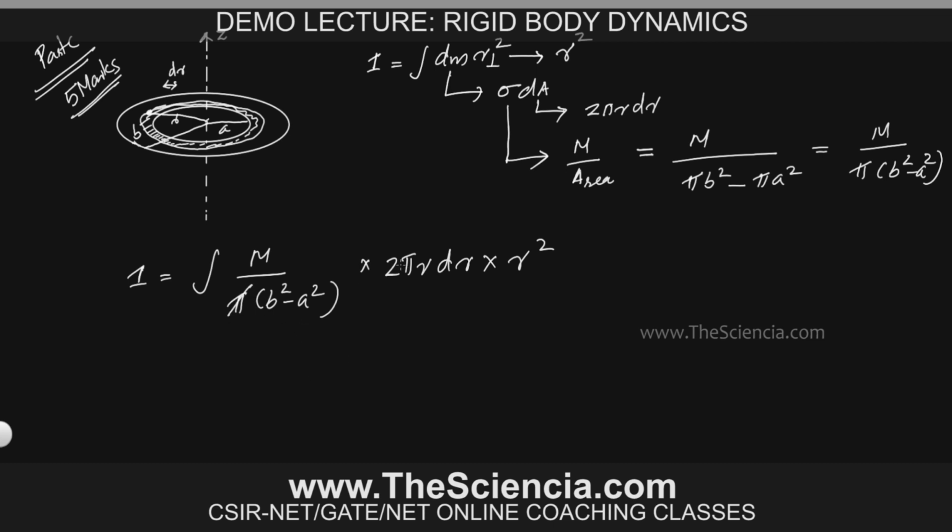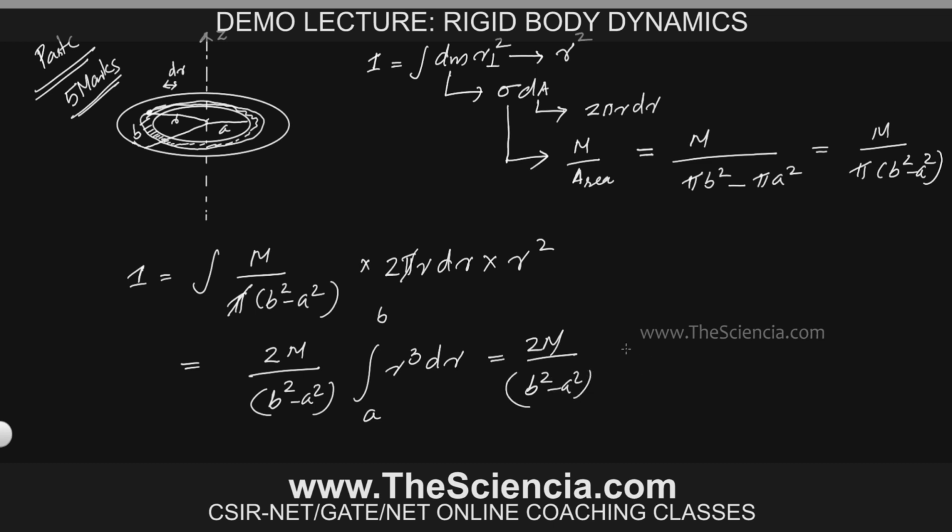We can cancel the pi and take the constant outside the integral: 2M by (b square minus a square) integral r cube dr. Here r varies from a to b, so that is equal to 2M by (b square minus a square) into r raised to 4 by 4, with limits a to b.